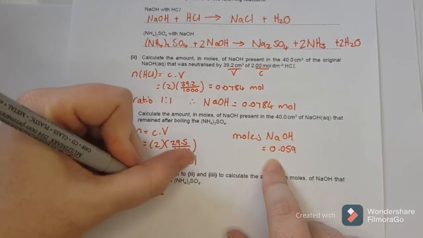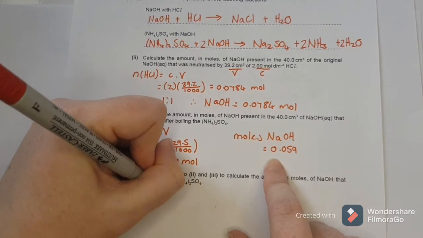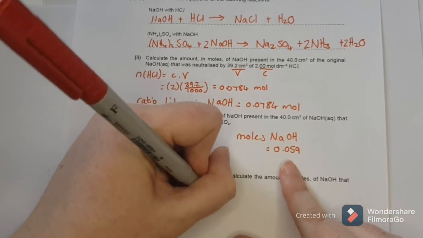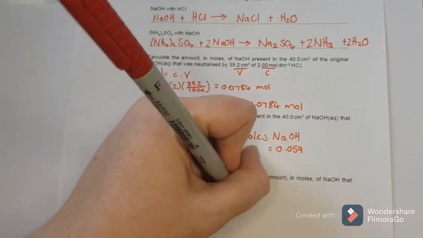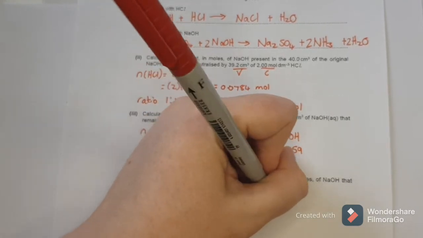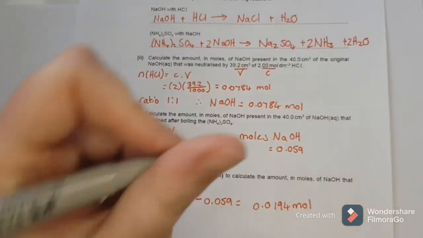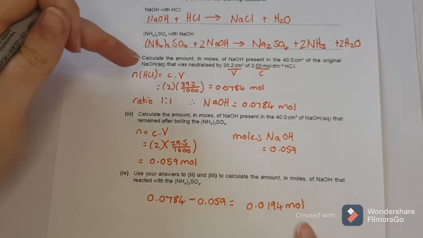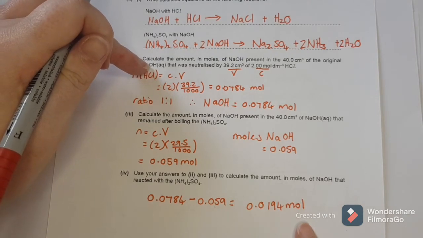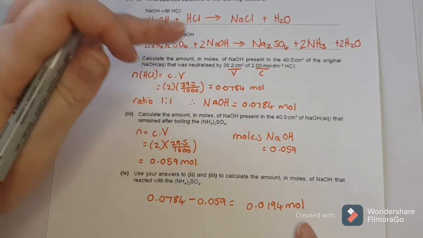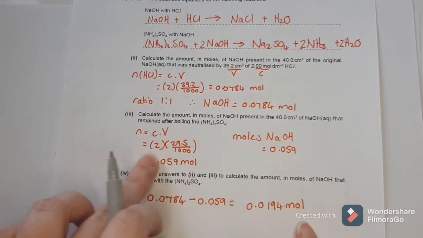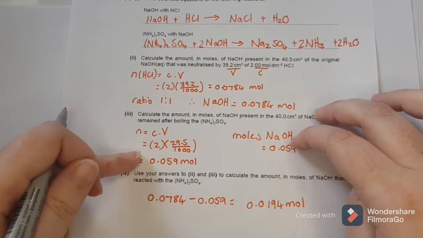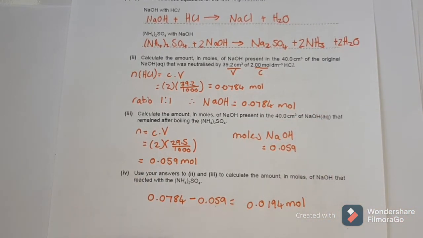So I can say my original of 0.0784 moles minus the 0.059 moles to give me an answer of 0.0194 moles. Because we want to always take the original that we had, that then reacted with the ammonium sulfate, and then what was left over was then reacted with the hydrochloric acid. So the difference between them must be what reacted with the ammonium sulfate.